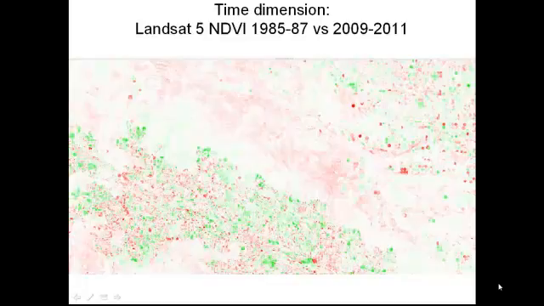If the pixel is white, that means there's basically been no change between those widely separated composites. If it's green, it's improved. In other words, we're capturing more sunlight energy in plants. And if it's red, we've decreased our capture of sunlight energy in plants over that period of time. Or subtracting one from the other, you might say.